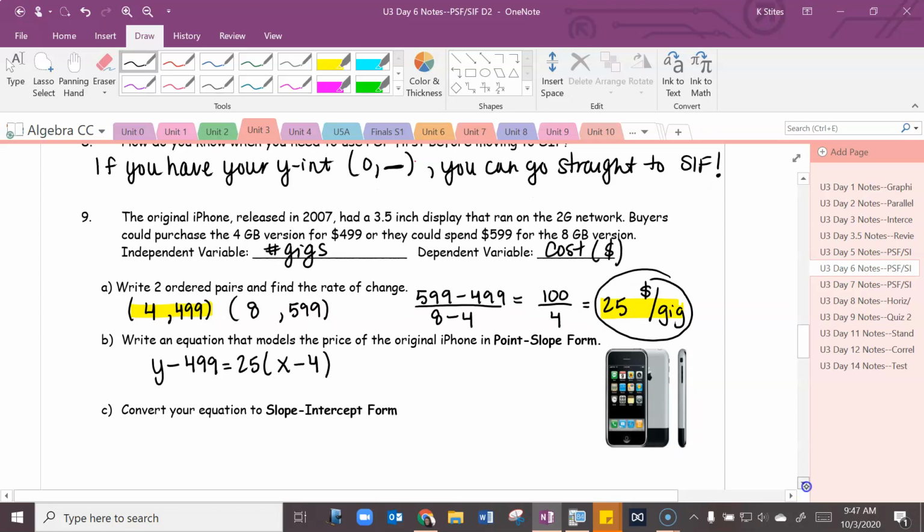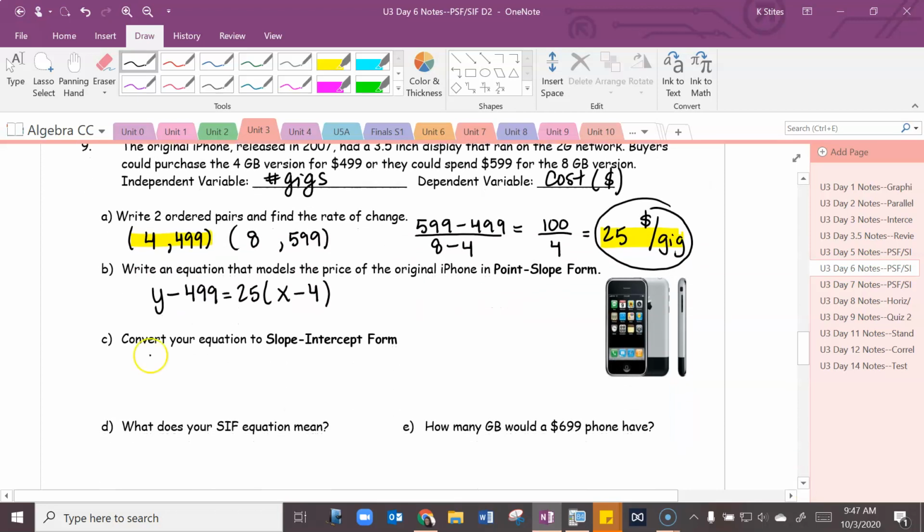And now we're going to convert to slope-intercept form. Okay, so again, to do that, we'll just distribute 25x. 25 times -4 is -100. And I'm going to add my $4.99 over, which just gives me $3.99.